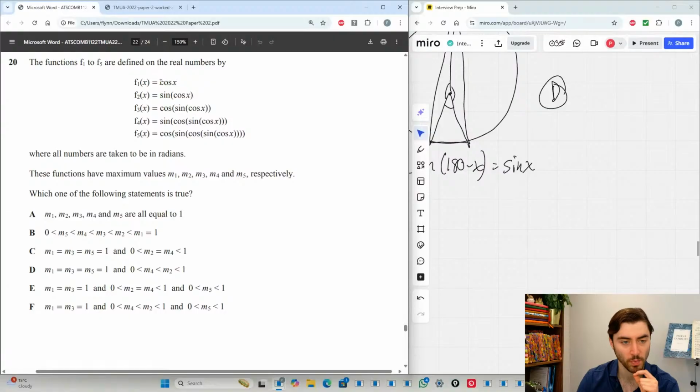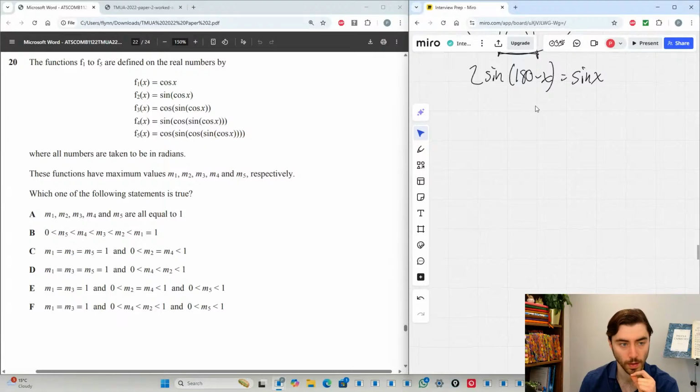Okay, we know m1 is equal to 1. For 20. Sine of cos x. Well, there's nowhere where that is 1, so that is certainly less than 1.